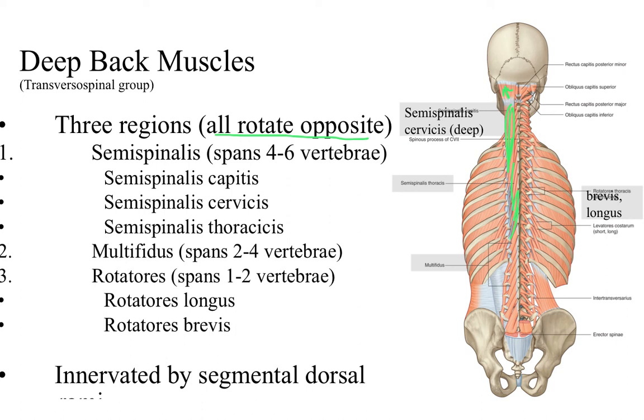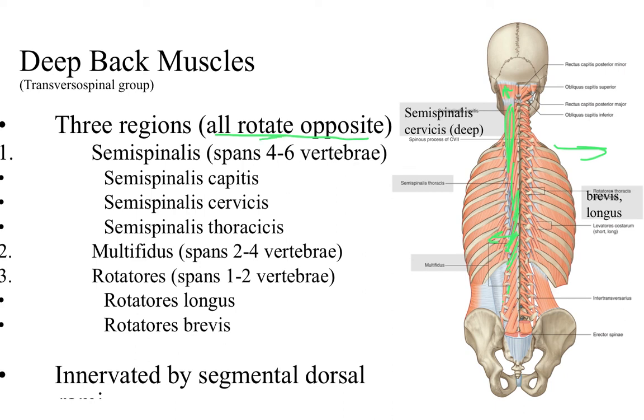We have the multifidus, which are these muscles right here. And just to give you a clue to how these work, they are attached here, span 2 to 4 vertebrae upward, and when they pull, they're going to pull the vertebrae in this direction, making your body turn in this direction. So that's what we mean by rotating opposite. And it's only going to be a slight turn, so it's not something that's profound, but that's what we mean by rotating opposite.